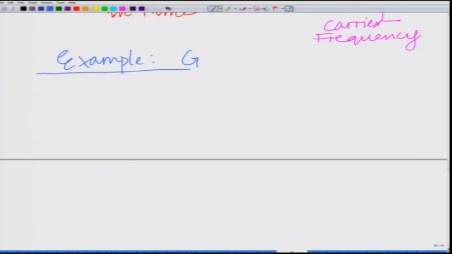Let us consider a GSM communication system. As we all must be familiar, GSM is a wireless standard. It stands for the Global System for Mobile Communication, and in fact, it is one of the most popular wireless technologies, used by a large number of wireless cellular users.